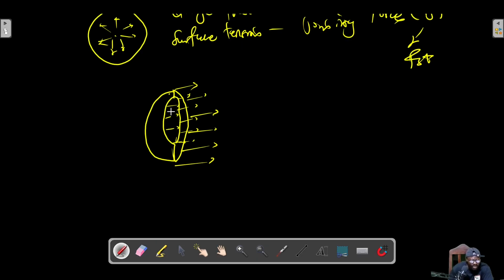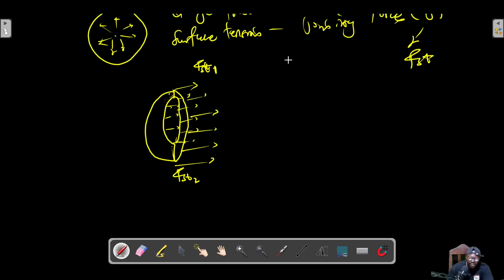But mind you, the interfaces are two for a soap bubble. So we'll have a surface tension force 1 on the first interface and a surface tension force 2 on the second interface. There's one thing you need to note.